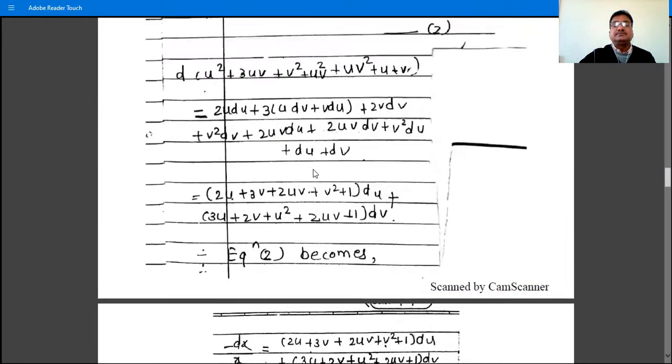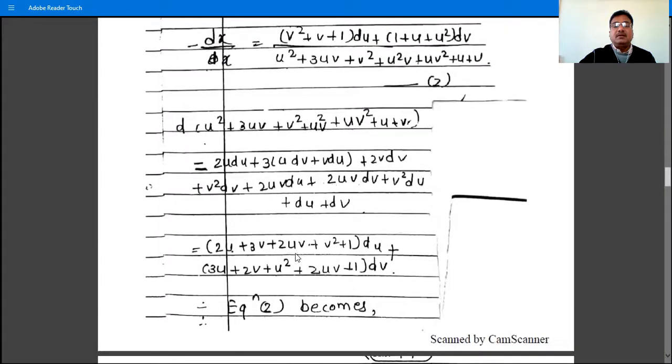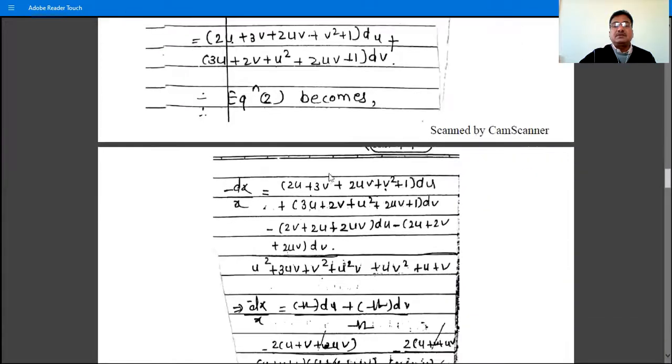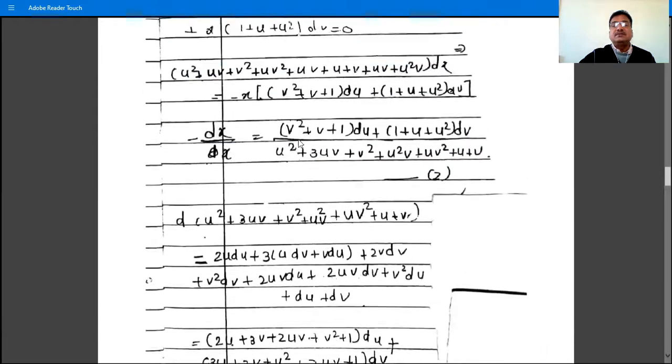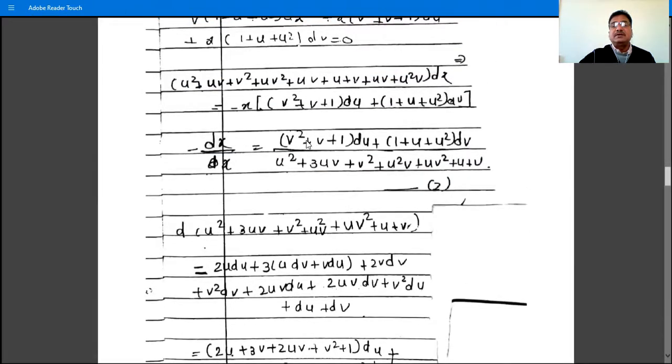Then in this term, 2u, so subtract 2u, and 2uv, subtract 2u. So if we take du as common, and find the addition and subtraction of these terms, then we have the answer v square plus v plus 1.